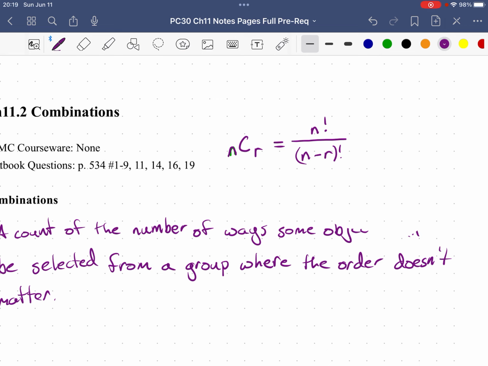Now that's the exact same thing as the permutations formula, but then we have to do an adjustment because the order of the items doesn't matter. So what we have to do is divide again by r factorial, because permutations is going to count too many arrangements. We have to divide by how many things are counted.